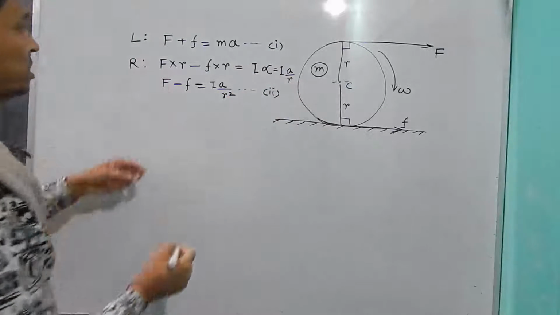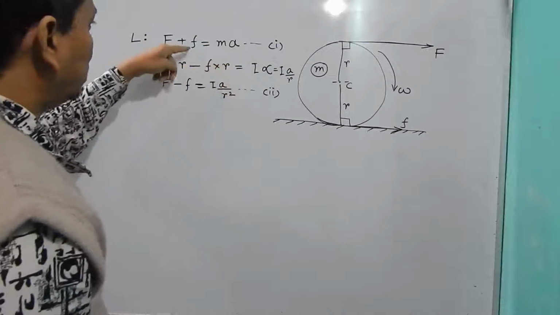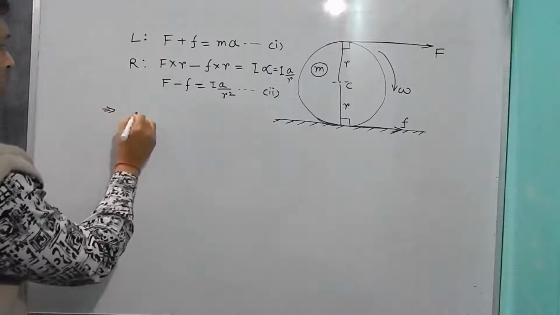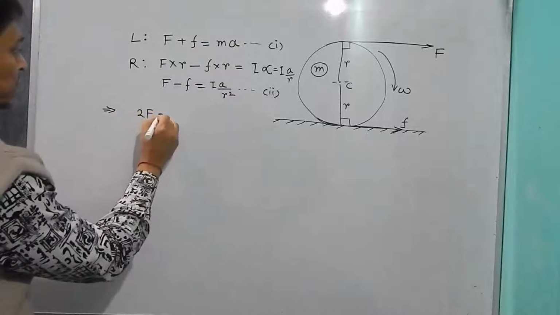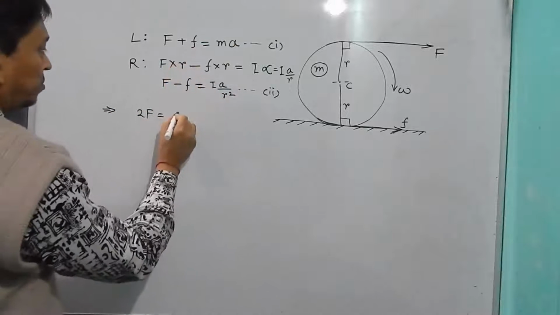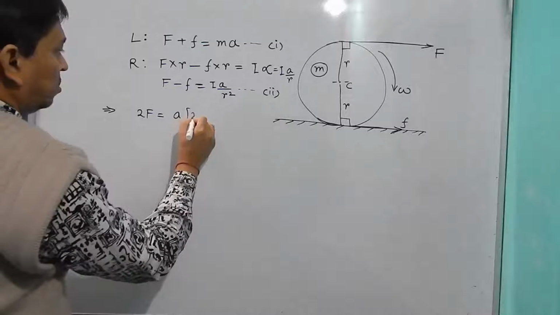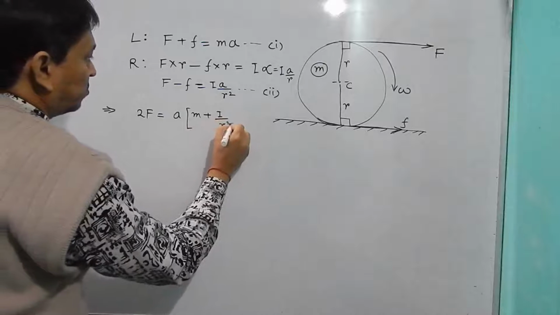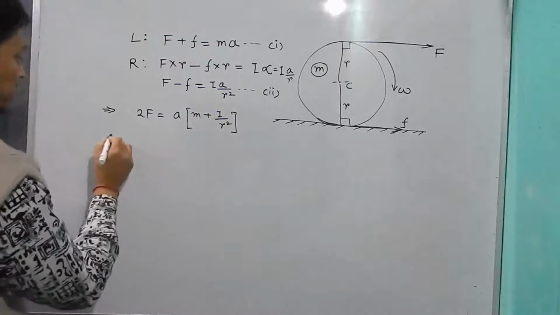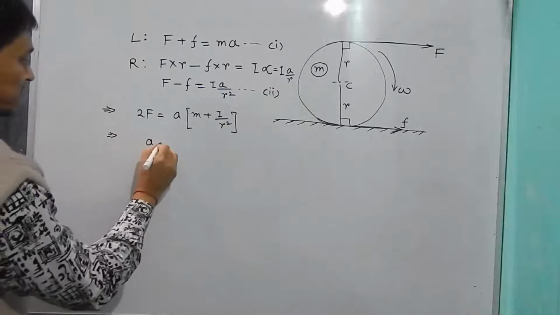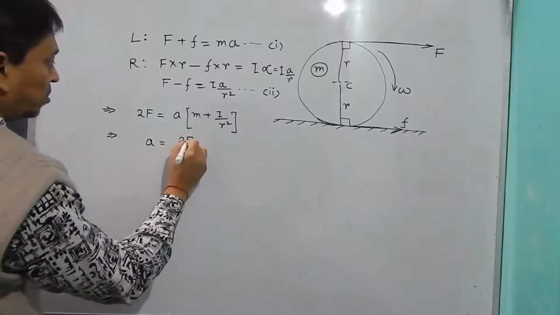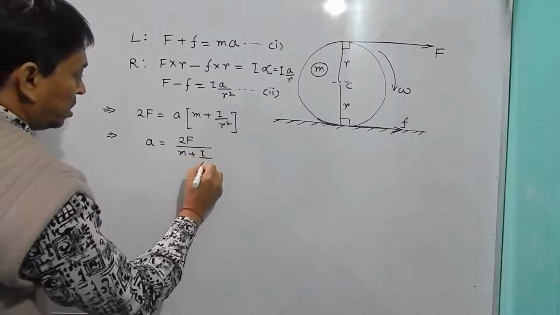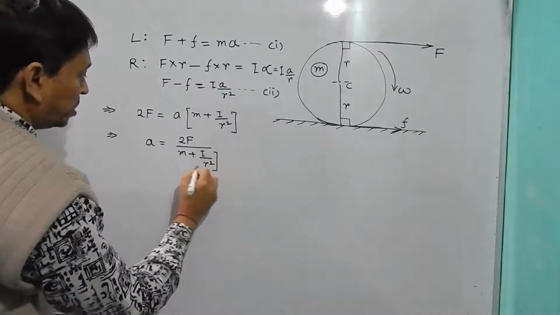Now if we add equation number 1 and equation number 2, then this small f part will be cancelled. So we will get 2F is equal to, if we take common a, a times m plus I by r square. So the acceleration will be, in this case, a equals twice F divided by m plus I by r square.